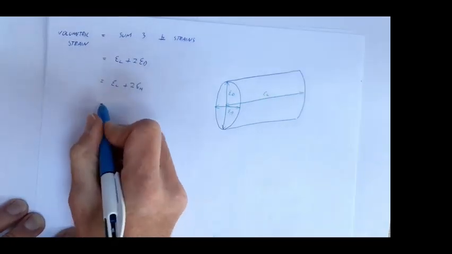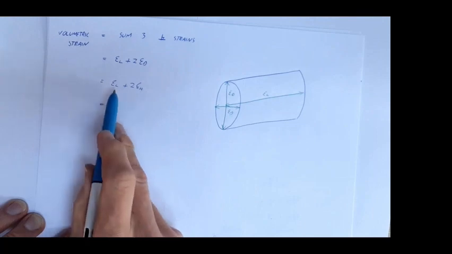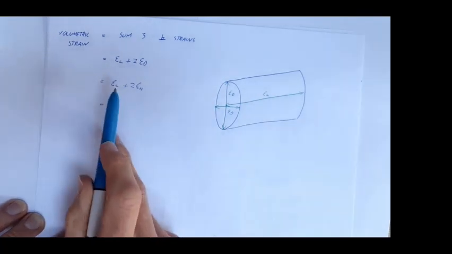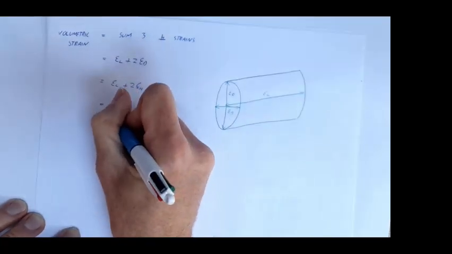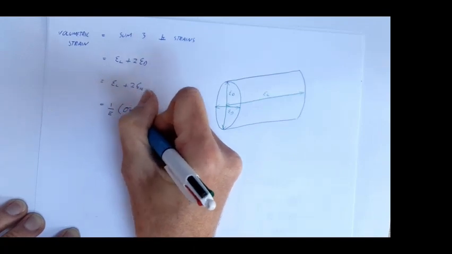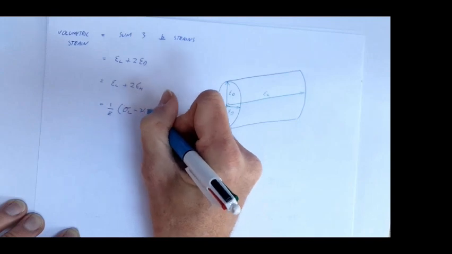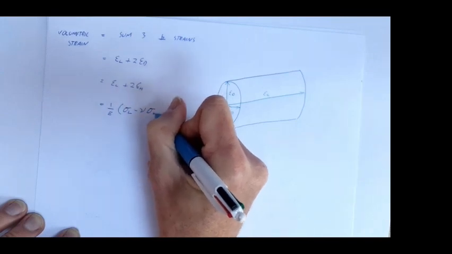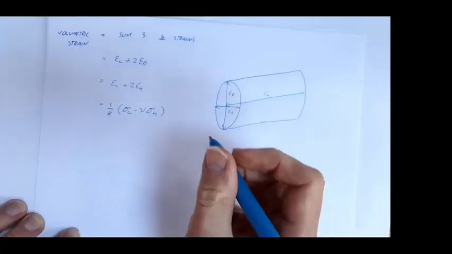And our longitudinal strain is made up of two components: the strain caused by the longitudinal stress plus the strain caused by the hoop stress. So we plug that in, 1 over E, lots of the longitudinal stress minus Poisson's ratio times the hoop stress. So that's our longitudinal strain.